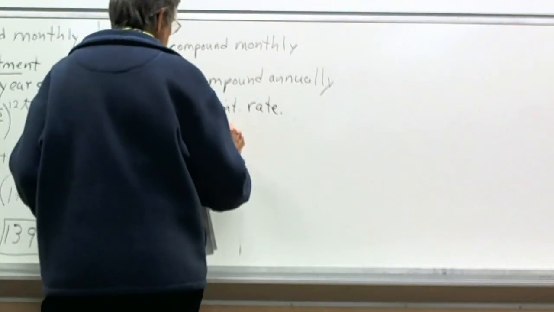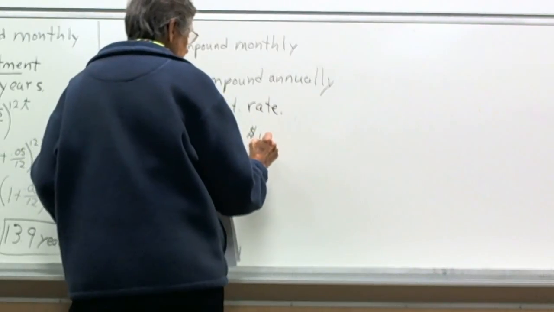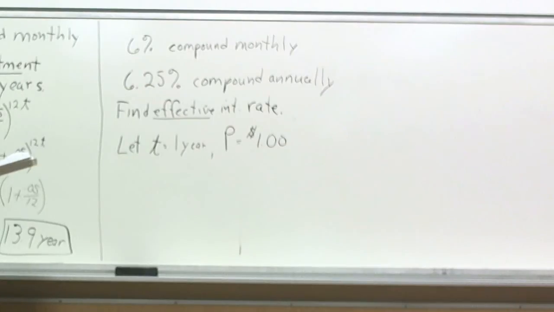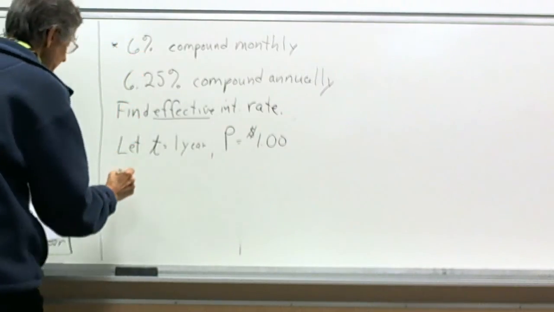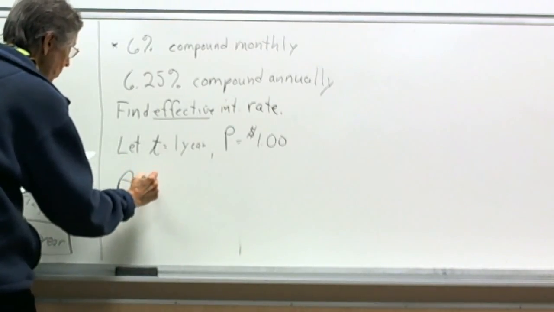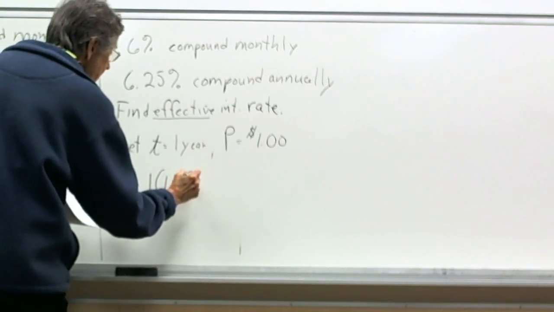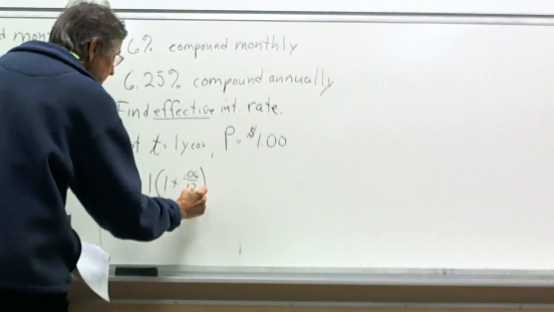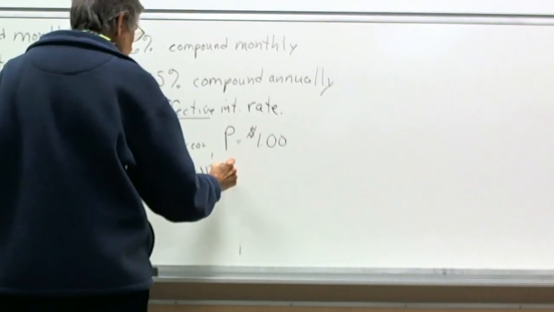And I'm going to use P, the principal, as $1. And see what kind of interest I get in 1 year. So the first investment is at 6%. So we'll come up with A equals $1 times 1 plus 0.06. And we're compounding monthly, so we would use 12. And NT is going to be 12 times 1 year.